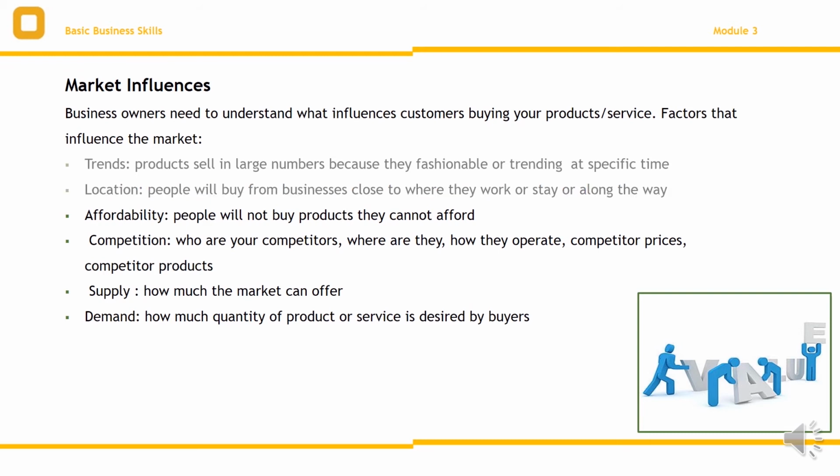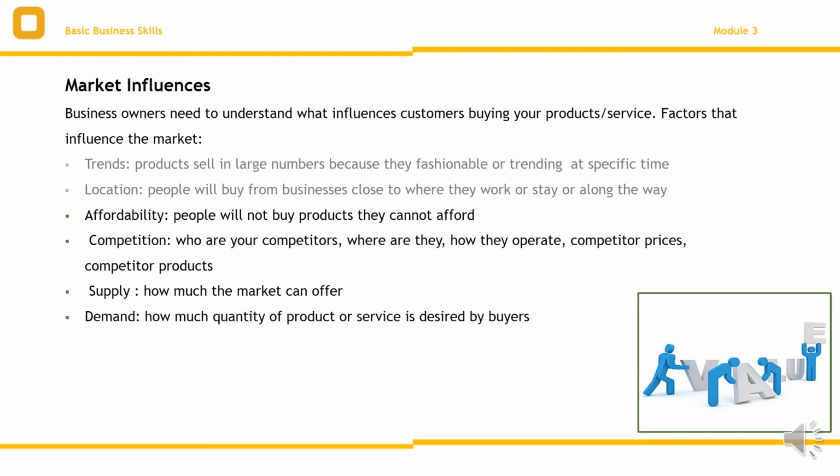Affordability is also another factor that you need to consider. People will not buy a product that they cannot afford. So when you're pricing your products and service, make sure that you are mindful of affordability.